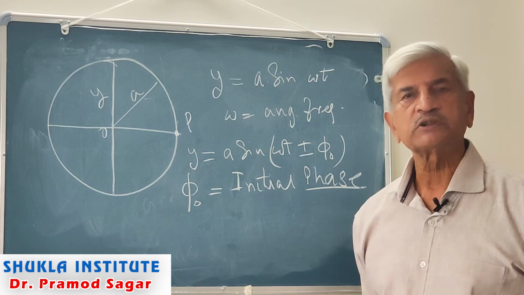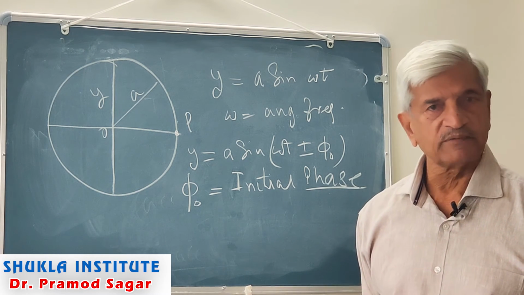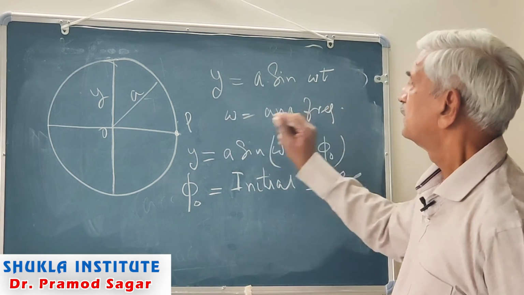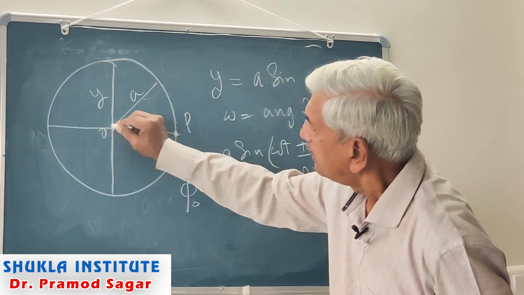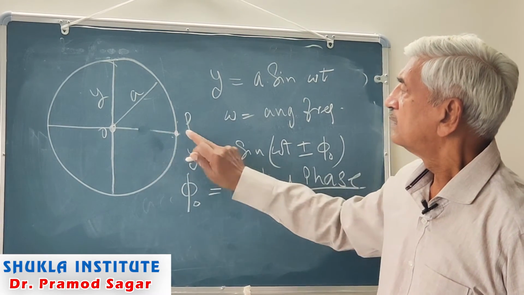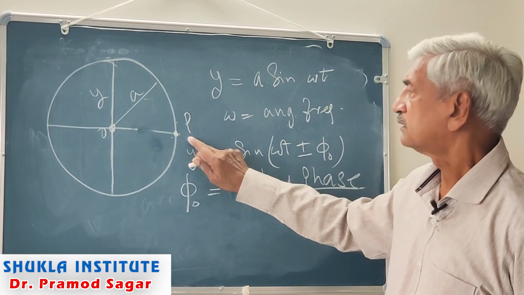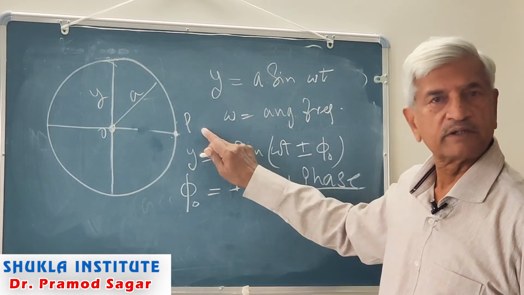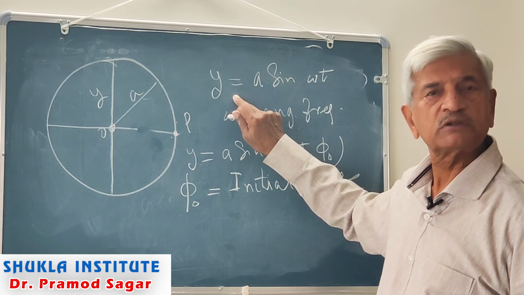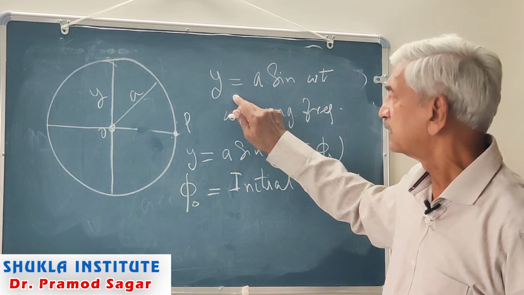So the initial position and the mean position could be the same and may not be the same. Look at the first equation: the mean position is expected to be here, the projected point, the particle, and the two are coinciding. And this is the equation for such a case where the mean position and the initial position coincide.